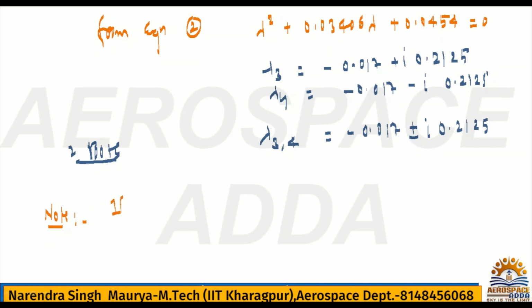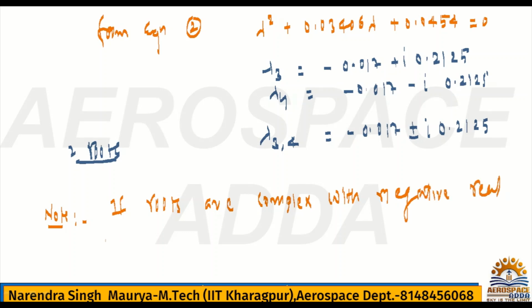If roots are complex, like here, with a negative real part, it represents damped oscillation.